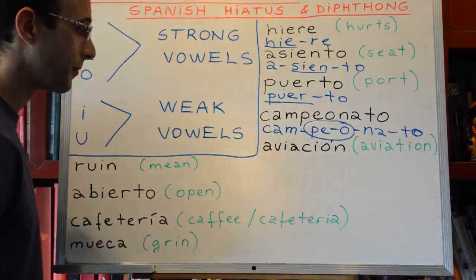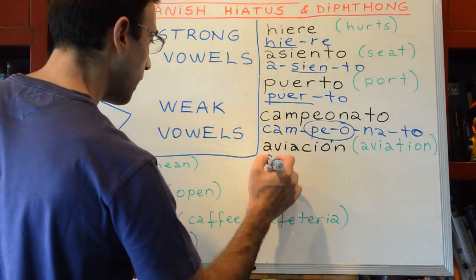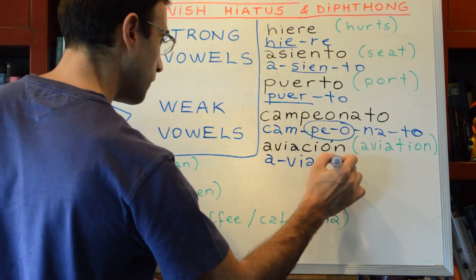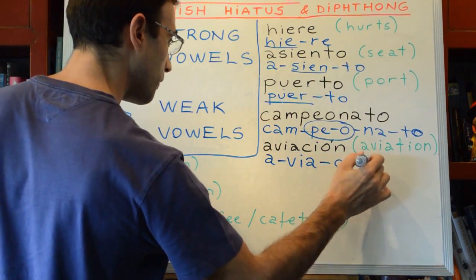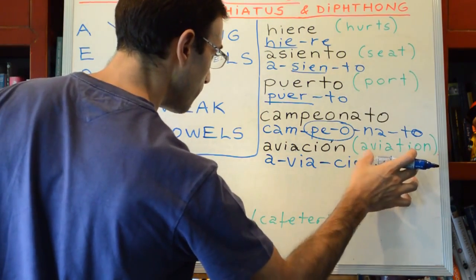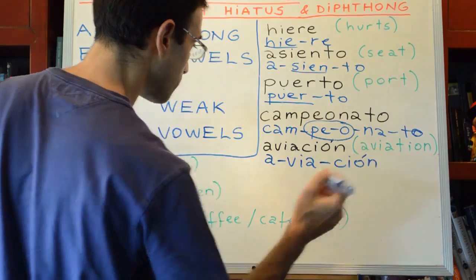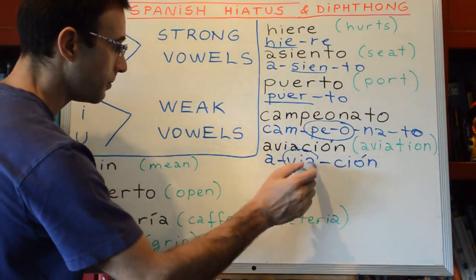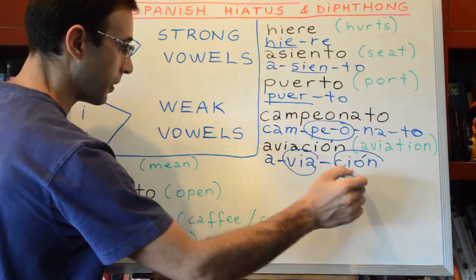Here and here. A, vi, ación. Aviación. Let me make this nice. Aviación. One diphthong here, second diphthong here, right?